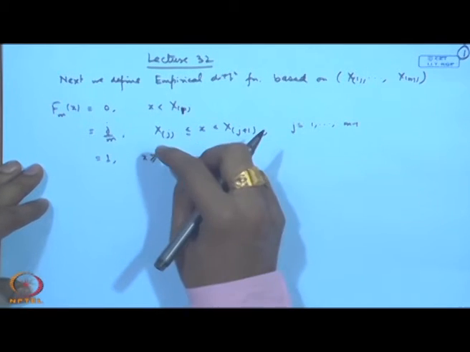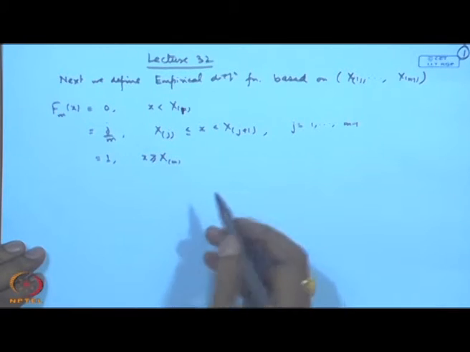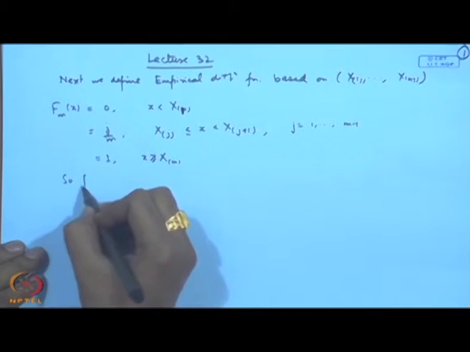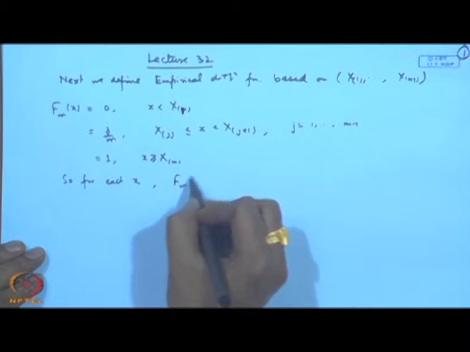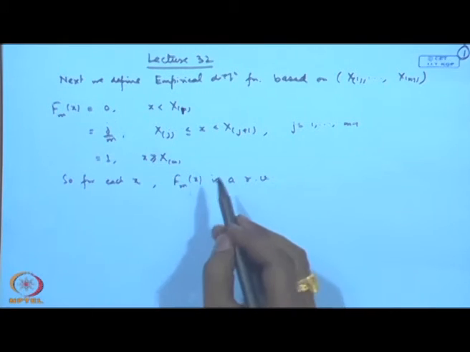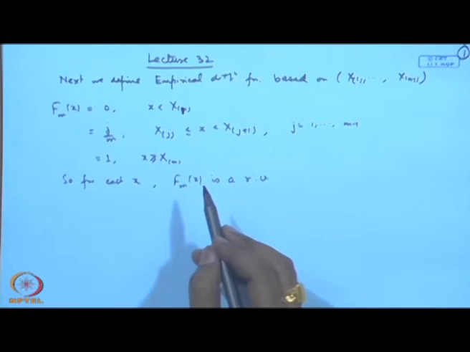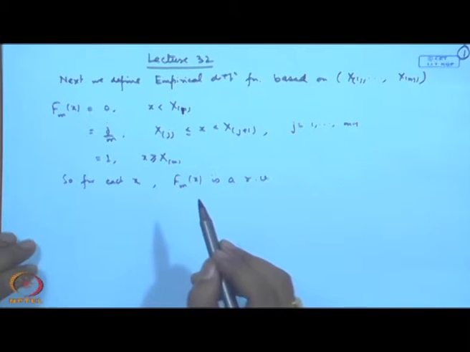Now, this has become a random quantity, but still we call it the empirical distribution function. So, for each x, Fm(x) is a random variable. We can keep on changing x, but still in all the cases this will remain a random variable. Let us analyze this.